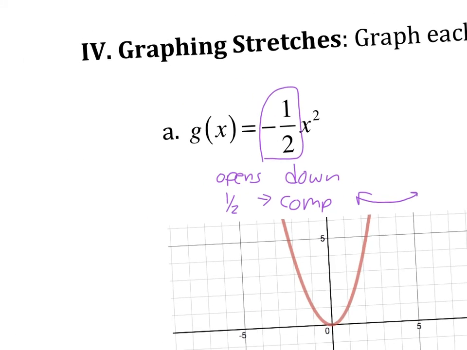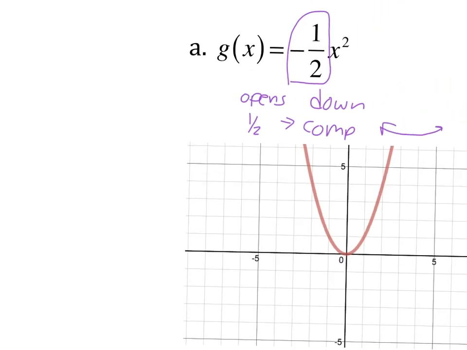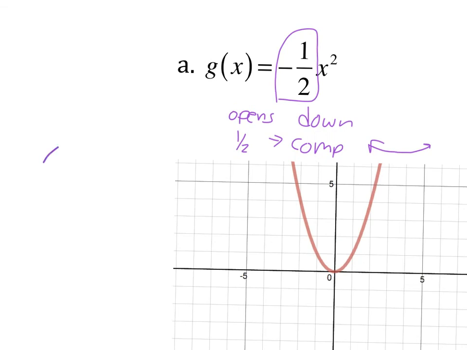Before we even get into more of this, though, we do need to understand, why is this the parent function? So we're just going to do a really quick table of values. When you plug in a 0, 0 squared gives you 0. And that's this point right there.